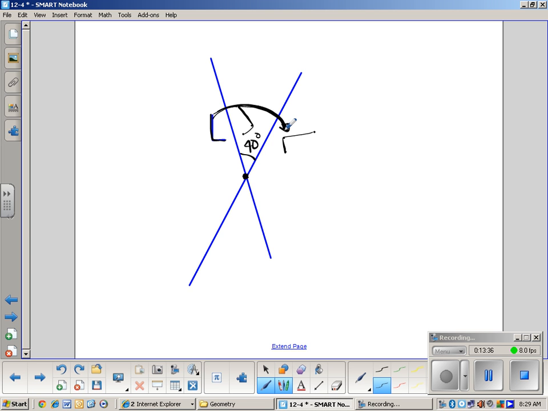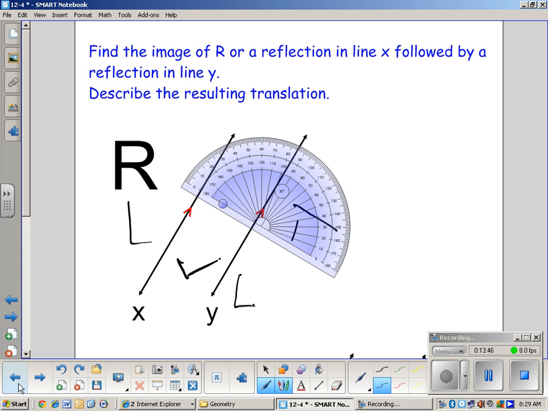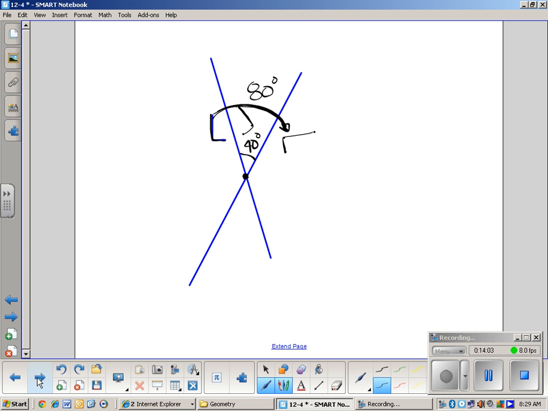Nice. It'll go twice as far. Just like, remember 2 days ago, if this was 5 inches, how far did this slide? 10 inches, remember? Twice as far. Same thing happens with rotations.